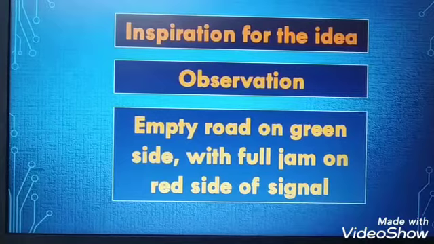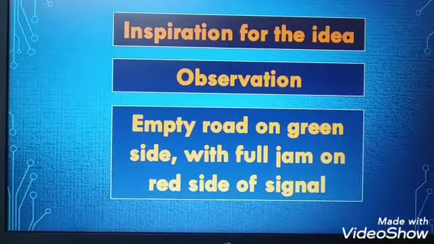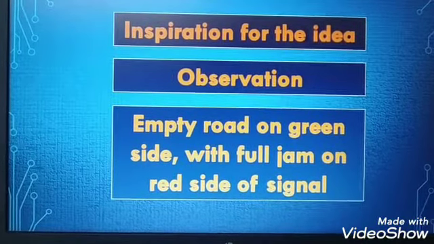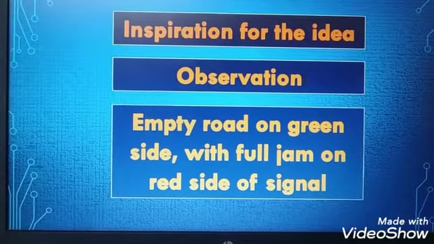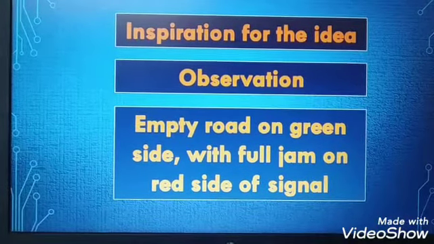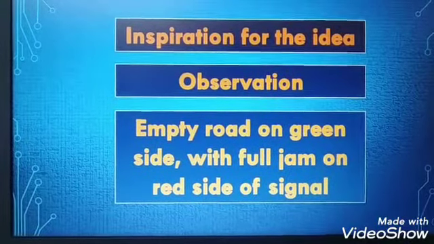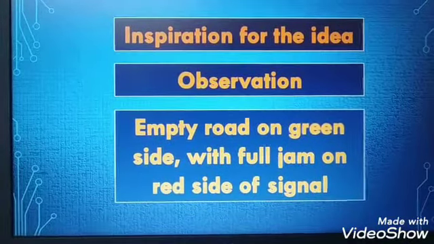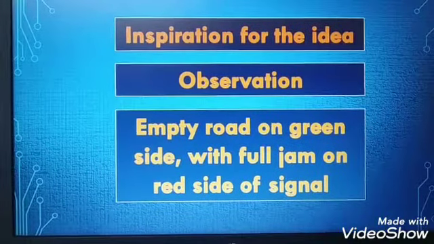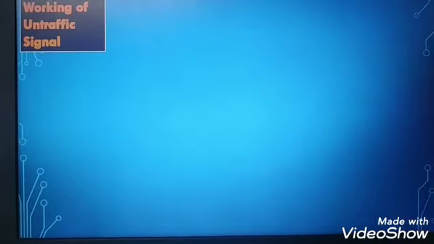So the people get anxious and try to break the signal, seeing the roads empty on the green side, with their own judgment, and that leads sometimes to obstacles for other vehicles, and sometimes even to an accident. So let's discuss how to solve this problem.